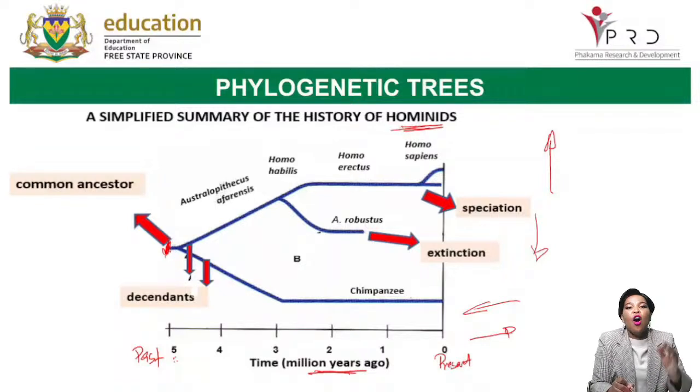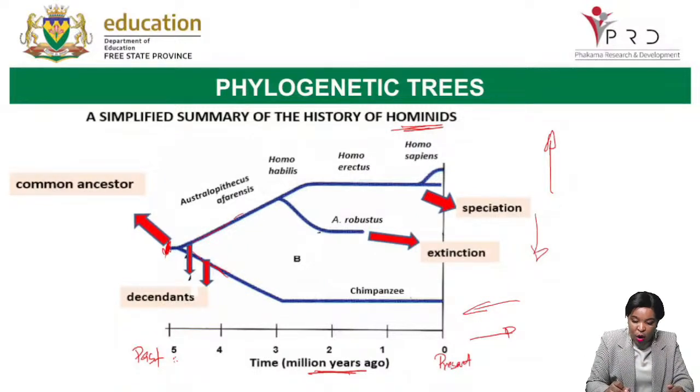So this is the oldest common ancestor of the hominids, Australopithecus afarensis. Now, Australopithecus afarensis, then it will branch. When you see a phylogenetic tree branching like this, you know what comes after the branch is the descendants. It is the descendant of that particular organism.